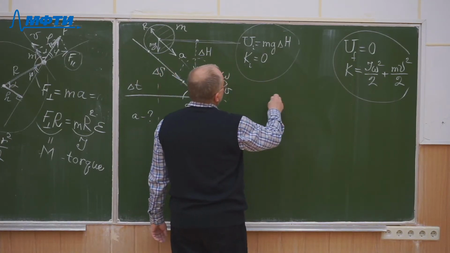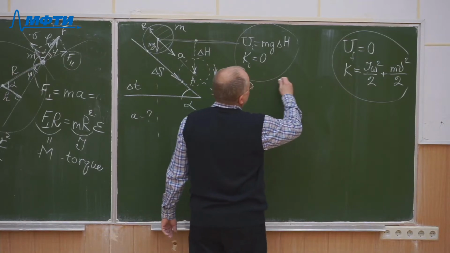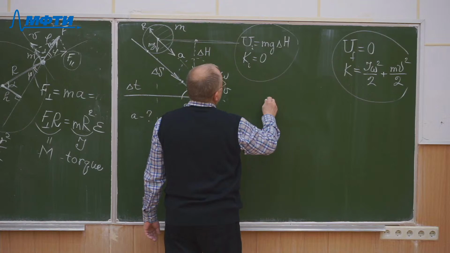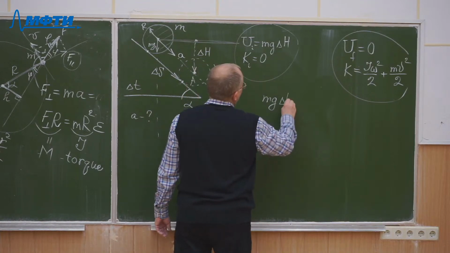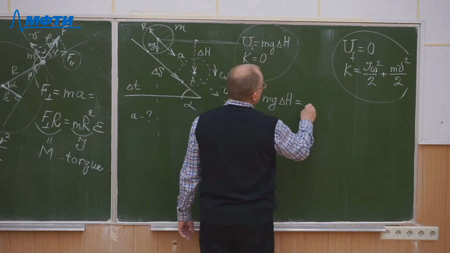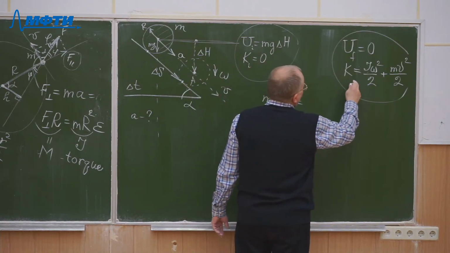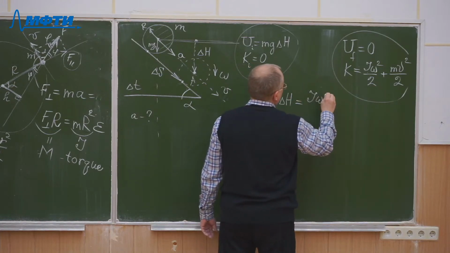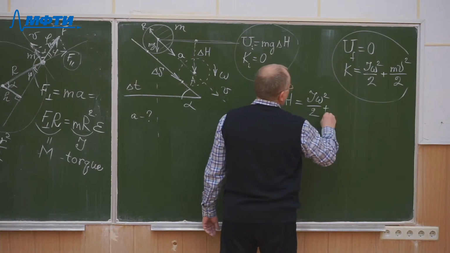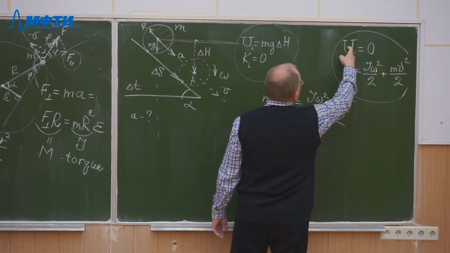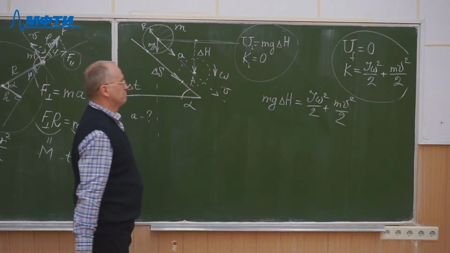The initial energy is all accumulated in potential energy, because the initial kinetic energy is 0, and the final energy is all accumulated in kinetic energy. So that will be I omega squared over 2 plus mass v squared over 2. And the final potential energy is 0.